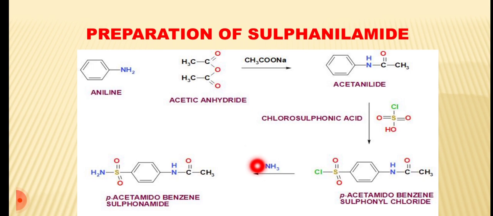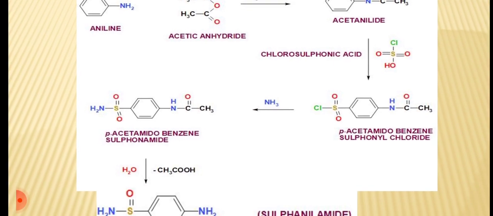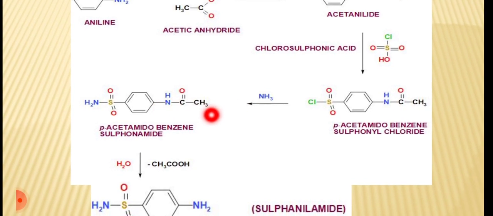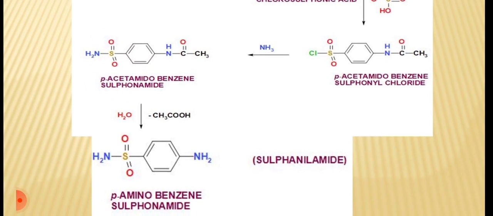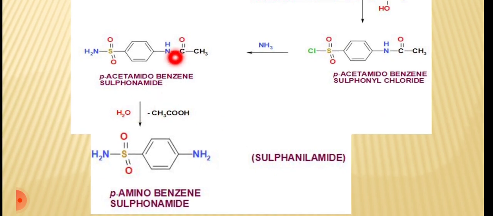This on treatment with ammonia gives the corresponding amide, which is called para-acetamidobenzene sulfonamide. This para-acetamidobenzene sulfonamide on hydrolysis loses acetic acid molecule to give formation of para-aminobenzene sulfonamide, which is commonly called as sulfanilamide. Dear student, this moiety is important in the manufacture of various sulfur drugs.